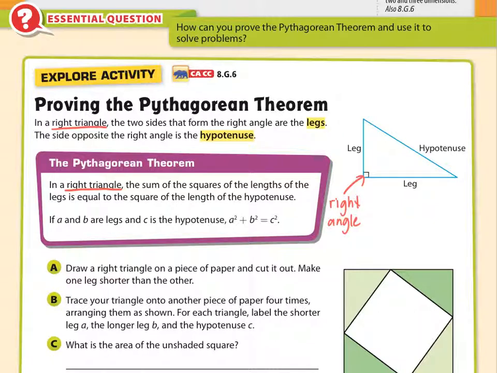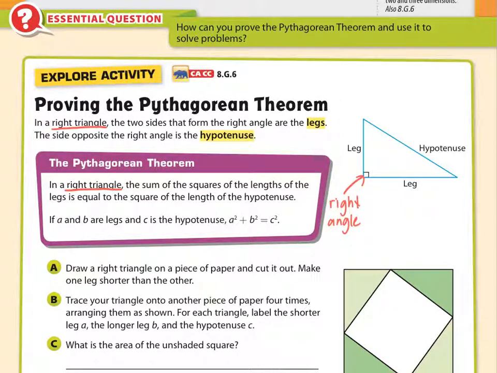Okay, here's what it states. The sum of the squares of the lengths of the legs is equal to the square of the length of the hypotenuse. In a right triangle, if this is the right angle, we have two legs. The two legs connect at the right angle. The hypotenuse is the longest side. That's the hypotenuse.